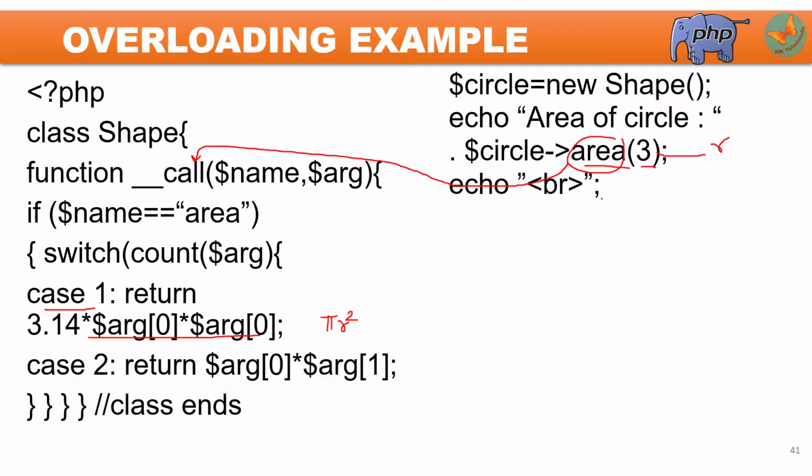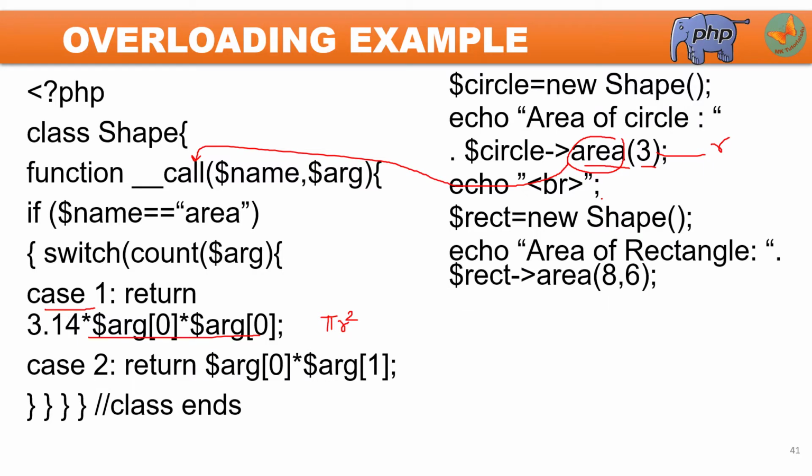Similarly, I'll define one more variable, rect, and again call the area method, and now I'll pass two parameters. In this case, the second case will be executed, and it will be multiplied, meaning length into breadth.